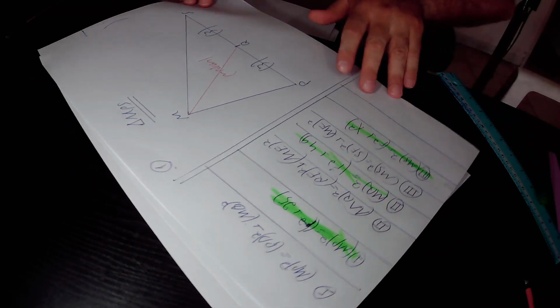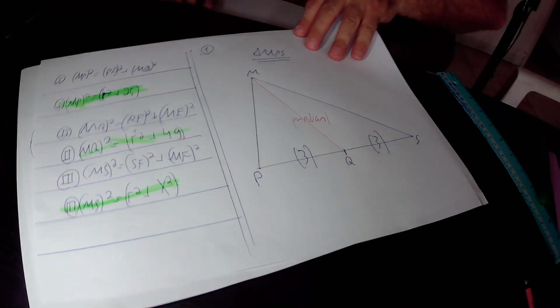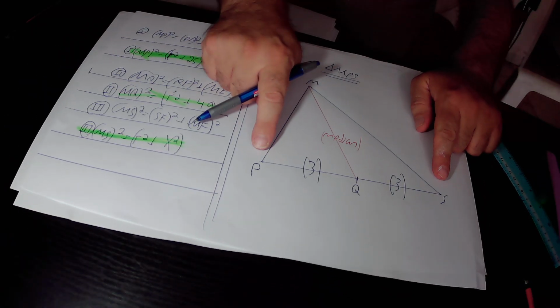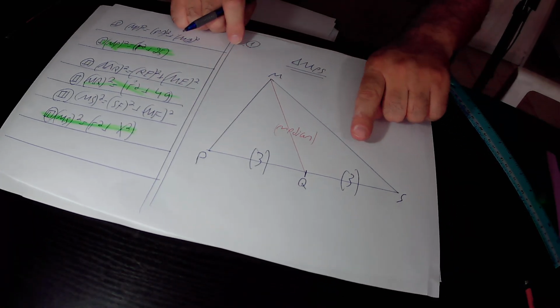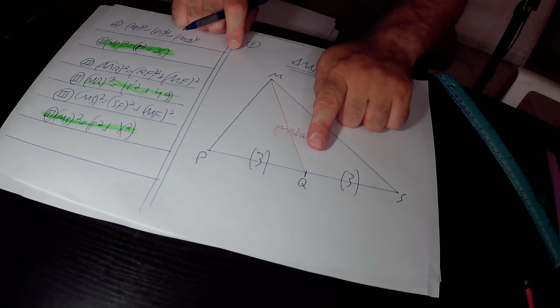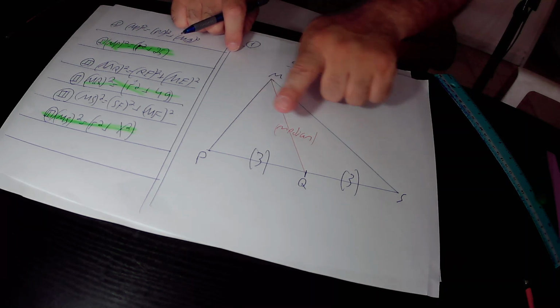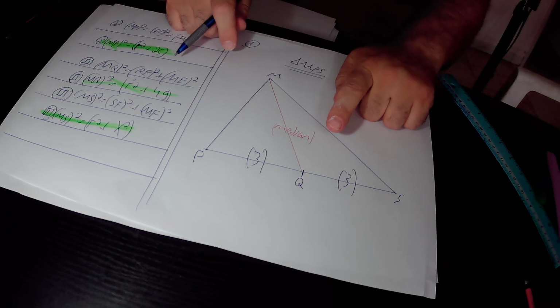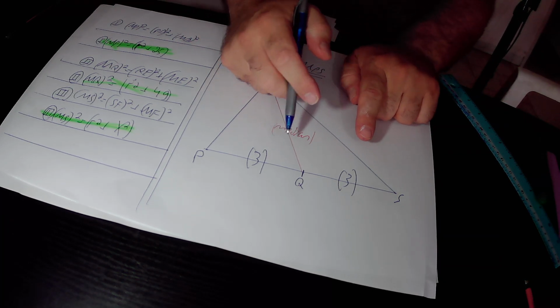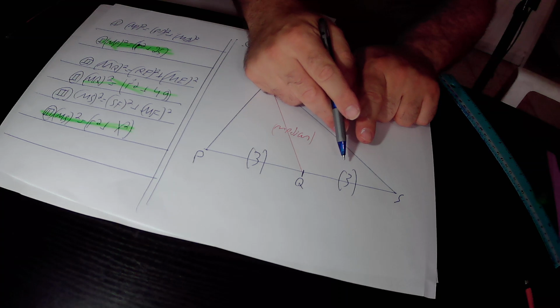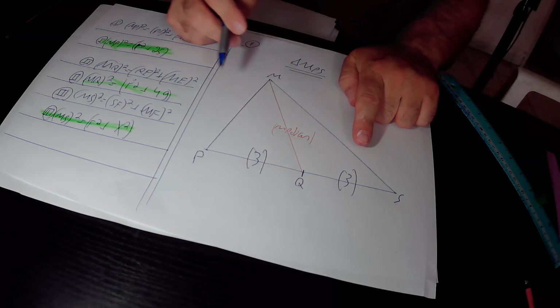Because the opposite side PS in total equals 3 plus 3, that is 6, and point Q bisects side PS into two halves. The first half is PQ, equal to 3 units, and the second half is QS, also equal to 3 units in its length.